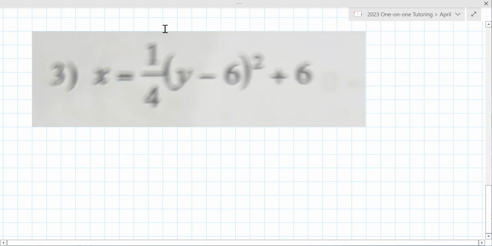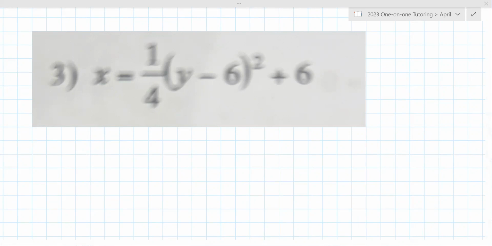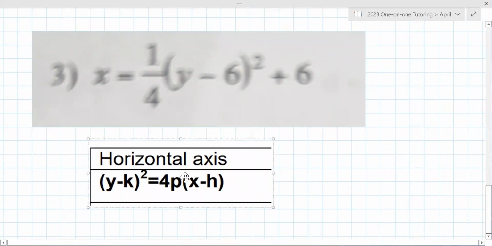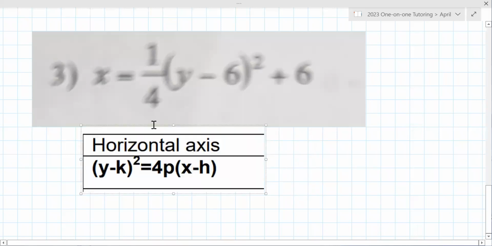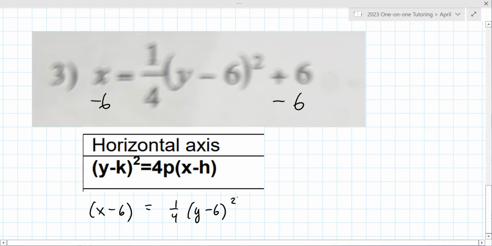All right, so number 3, this one is in the wrong format. Again, I'm actually a little surprised because typically they are a little nicer in how they give this to you. So we want the y minus k squared on one side, and then we want the x minus h on the other. So we're going to first subtract 6 from both sides. That gets you to x minus 6 equals 1/4 (y minus 6) squared.